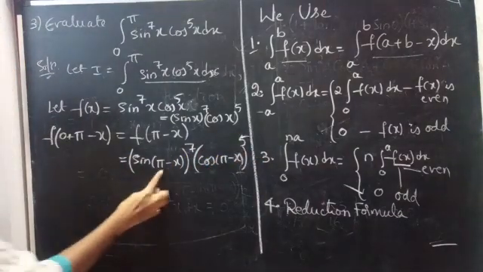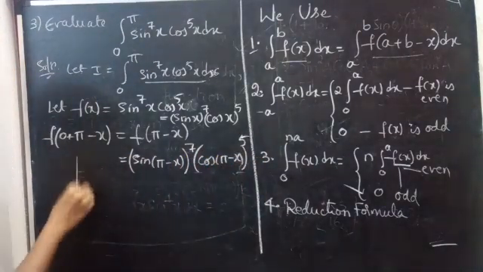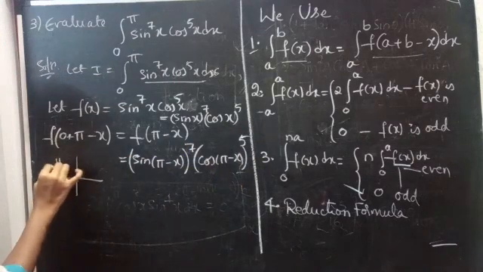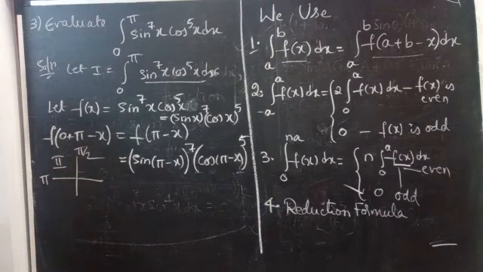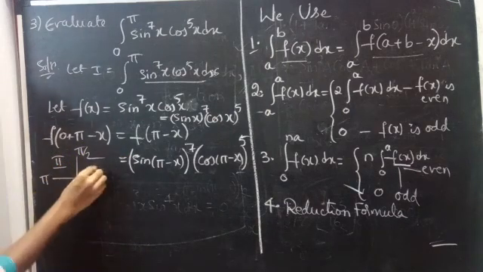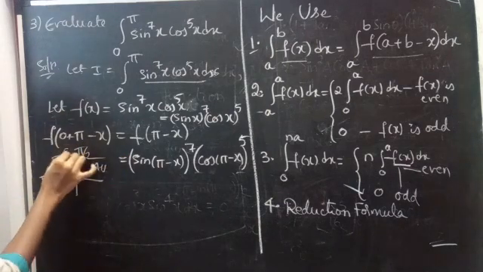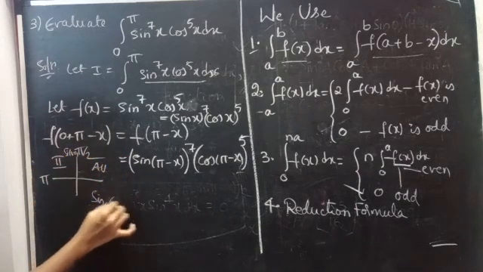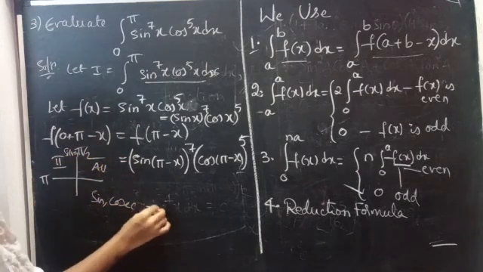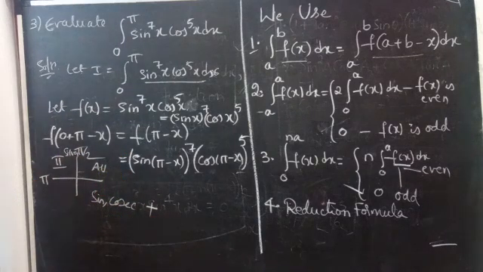Pi minus x is in the second quadrant. If you consider the all silver teacups rule, in the second quadrant, sine and cosecant are positive and the remaining are negative.